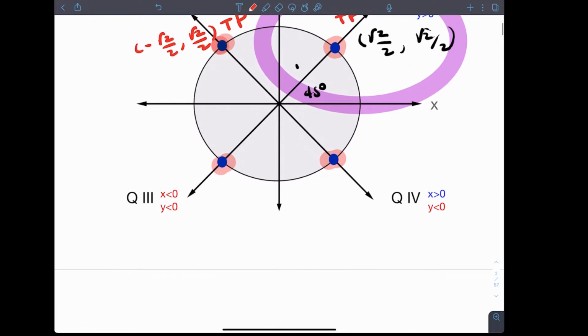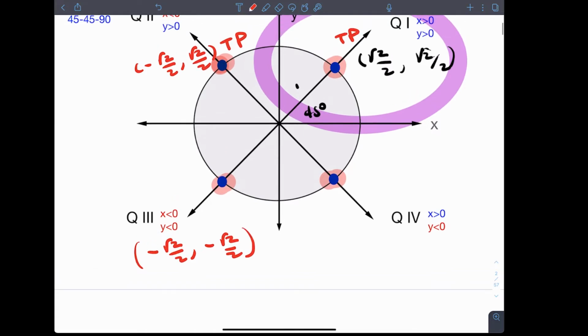What about this down here? Negative square root of 2 over 2, and then this is negative square root of 2 over 2. Good, they're both negative, is that right? And then what about this one over here? Positive square root of 2 over 2, and then what? Outstanding, ladies and gentlemen. There you guys go.